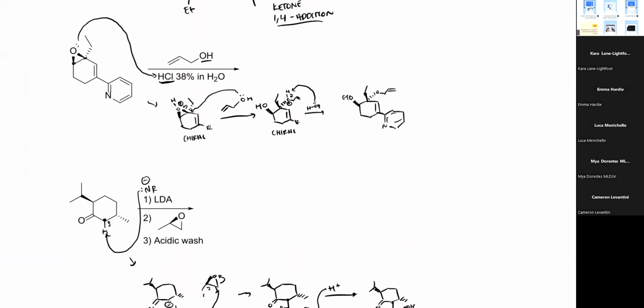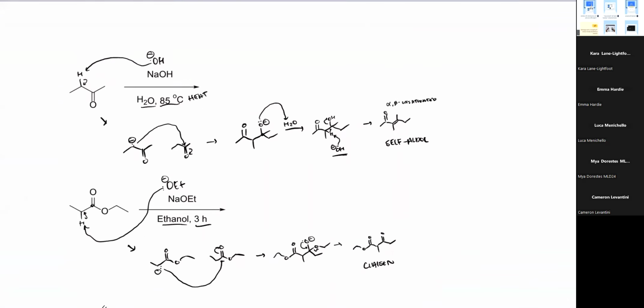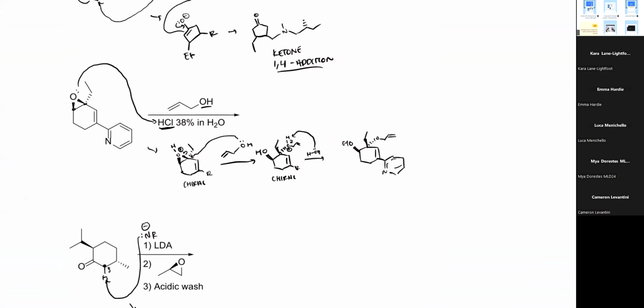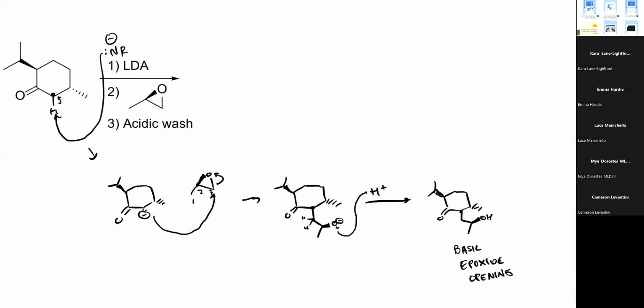We were talking about it forming a stereo center on that bottom carbon, the carbon on the cyclohexane.